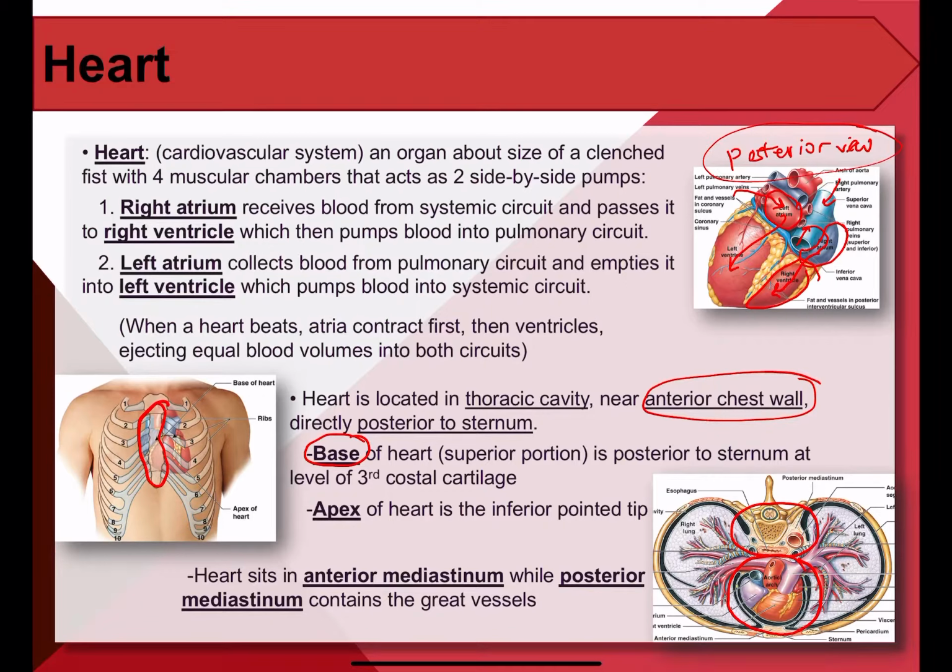Your base of the heart is where your aorta comes out of the heart, and then it actually does an arch-like manner, okay, and dips downwards into the posterior mediastinum. Same with the vena cavas, and this is just the esophagus that you're seeing here. But the heart itself, the organ, is sitting in the anterior part of the mediastinum.